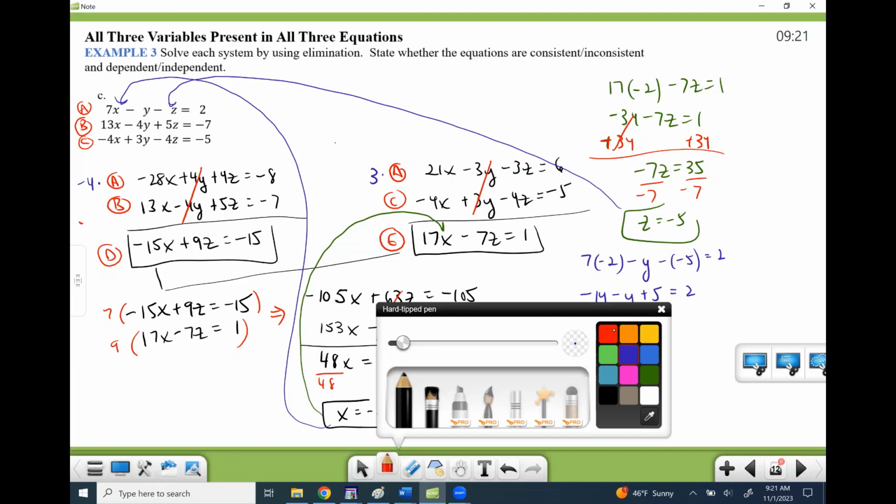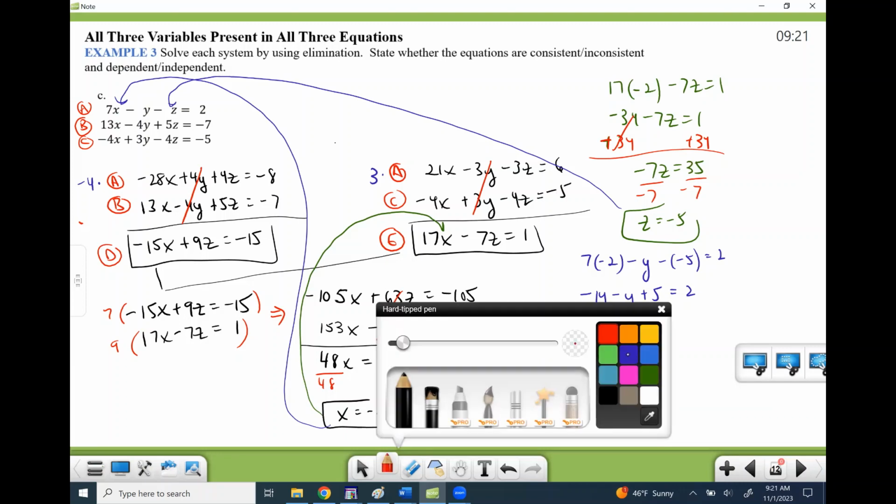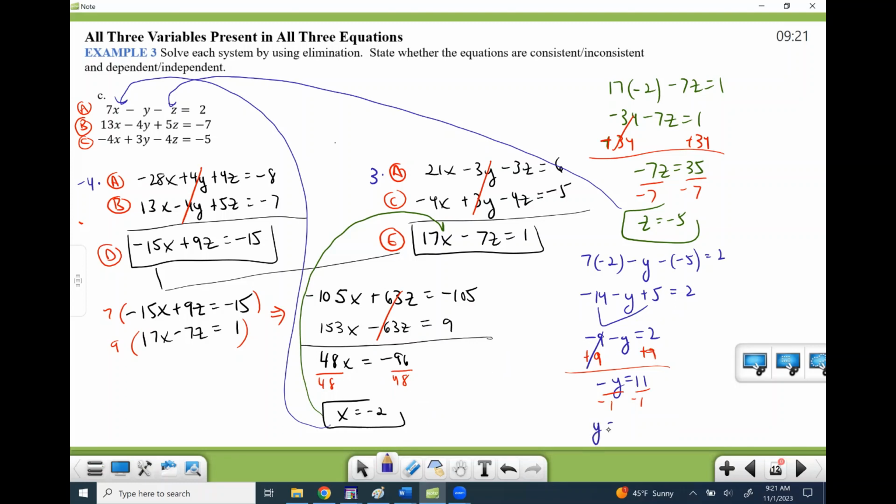So when we divide by a negative 1, we get y equals negative 11. Okay, so the ordered triple where all 3 planes intersect, the x, the y, and the z.